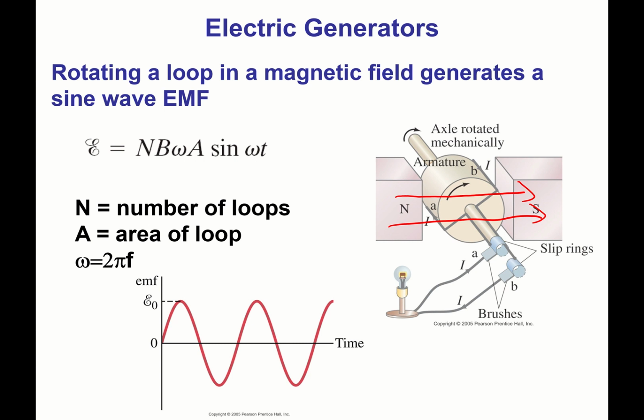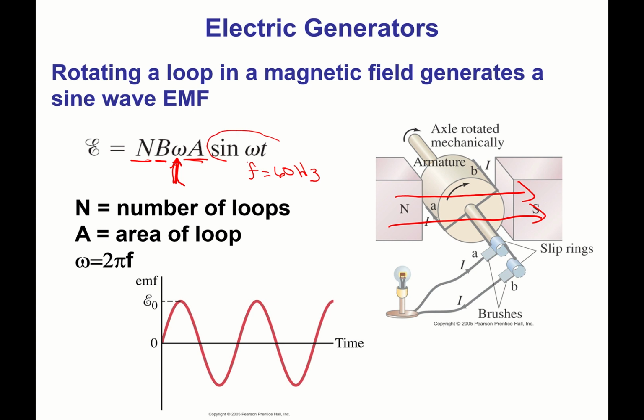Okay, so the EMF that's generated is the number of turns in the loop times the field times the area of the loop, and then omega is the angular frequency, the number of times it spins around per second. In this country, we use a frequency of 60 hertz for the power that's generated, and so omega is going to be 2 pi times 60.